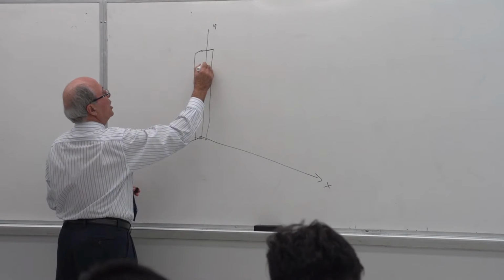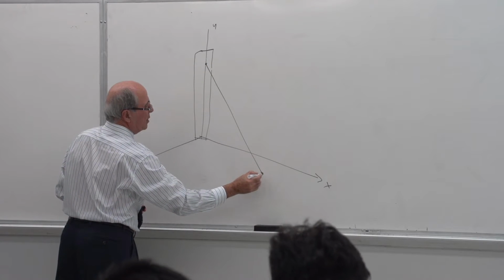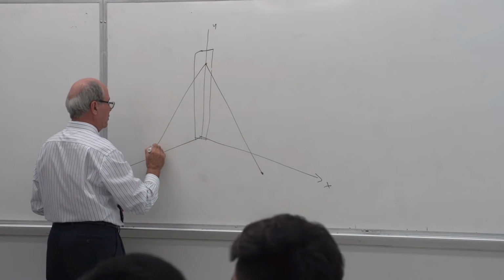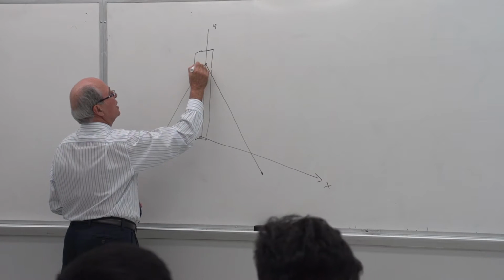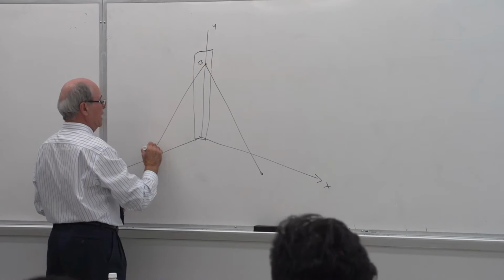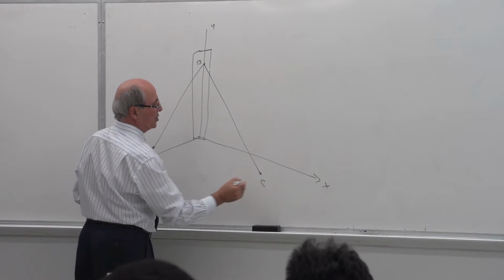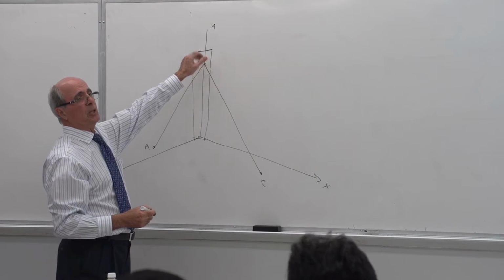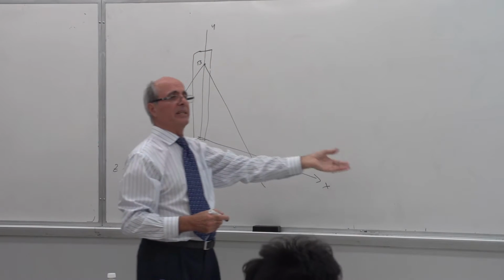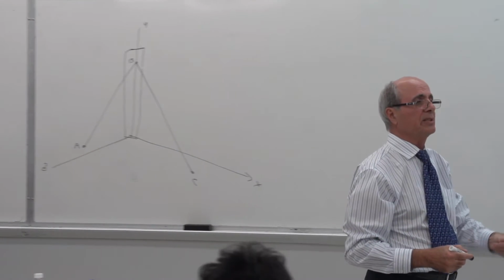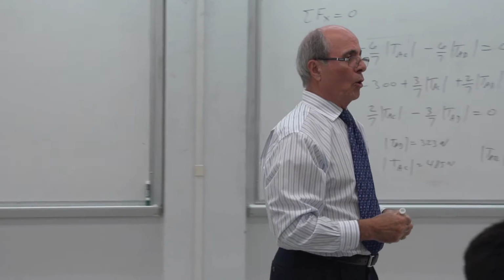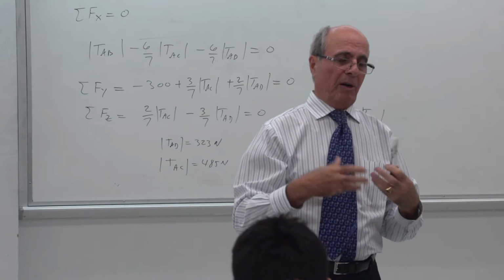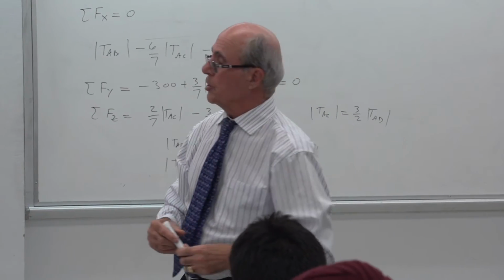Then there was a cable going this way and a cable going that way. I believe this one was B8, and the other one, because we see what we did last time, we found the forces at point B on the tree, and we found the resultant, then we found the moment of that resultant about point O, yes or no. And then we found the magnitude of that, etc., etc.